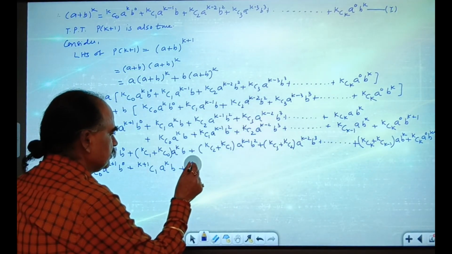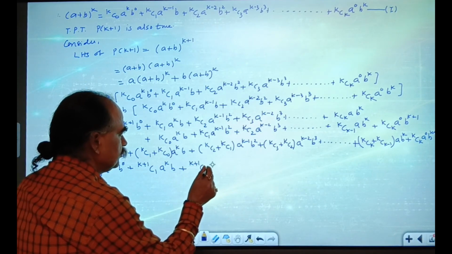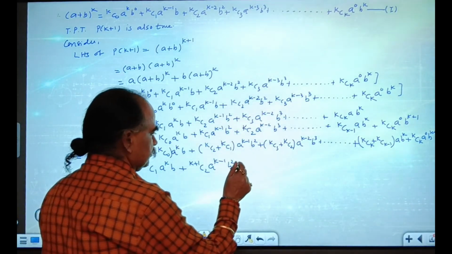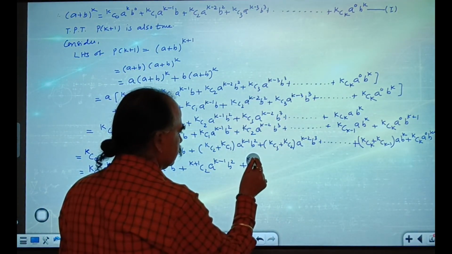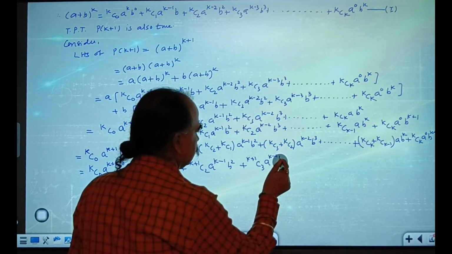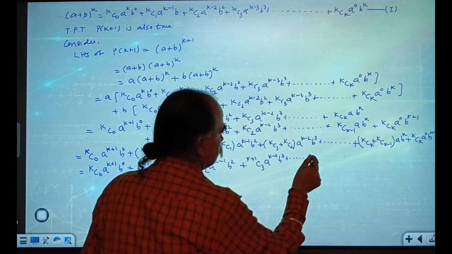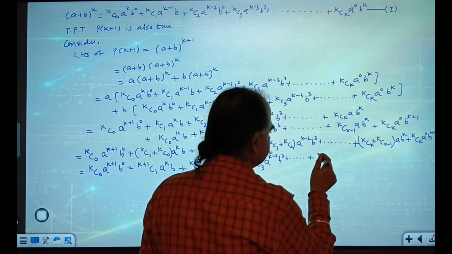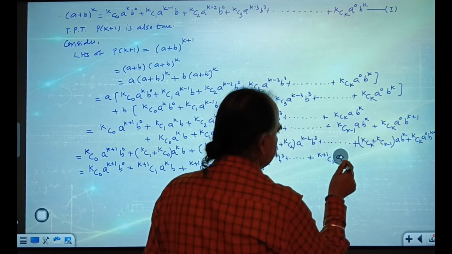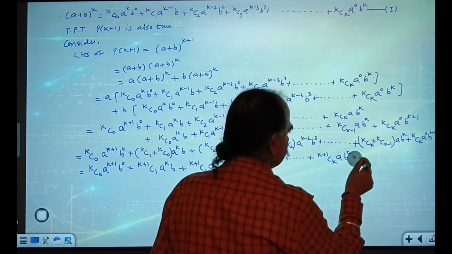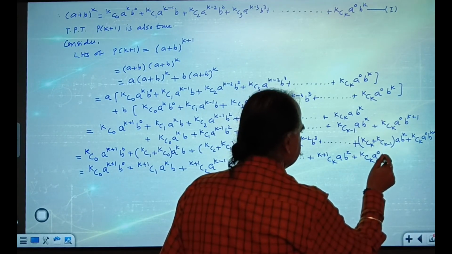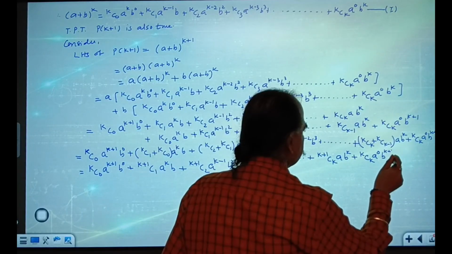Again, K plus 1 C2, this is what, K plus 1 C3, plus K plus 1 C K A B raised to K plus KCK A raised to 0 B raised to K plus 1.